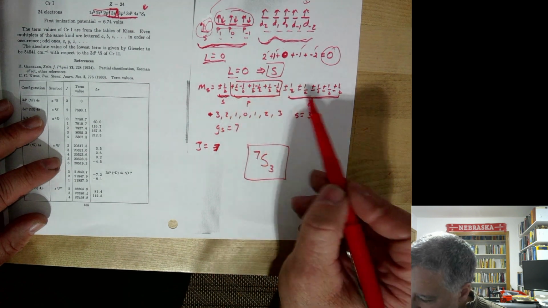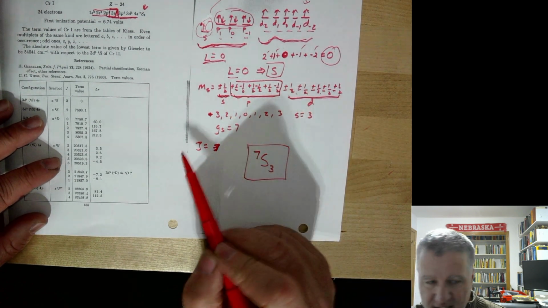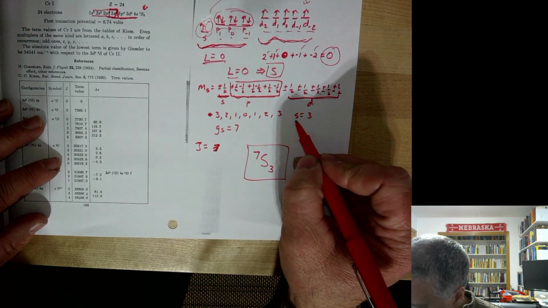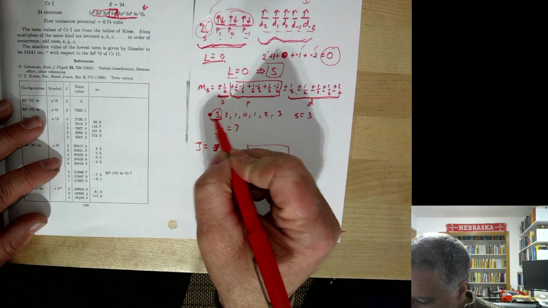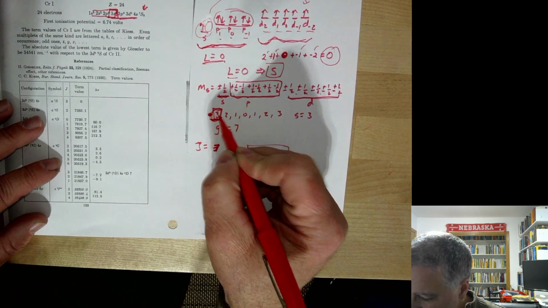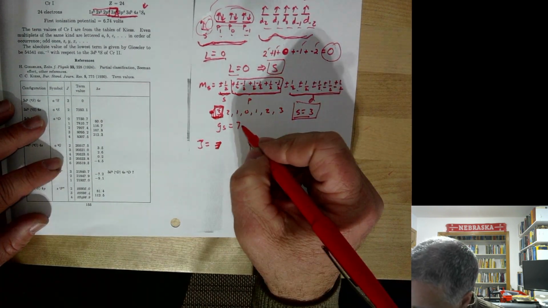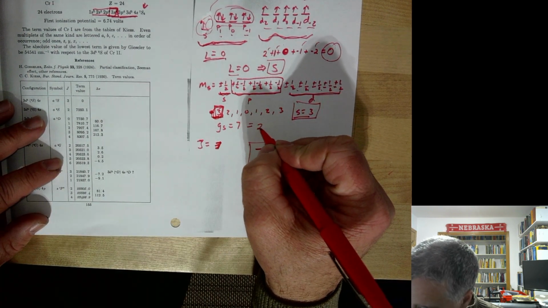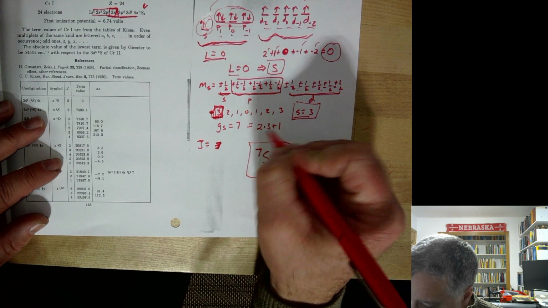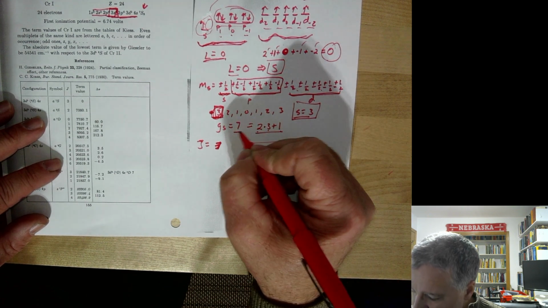And now the D's are all open here. And so we have 1, 2, 3, 4, 5, 6 halves, or 3 as the top value, and that's what we look for to determine S. So S is 3. Degeneracy 7. Where's that coming from? 2 times 3 plus 1. So 2S plus 1 is 7.